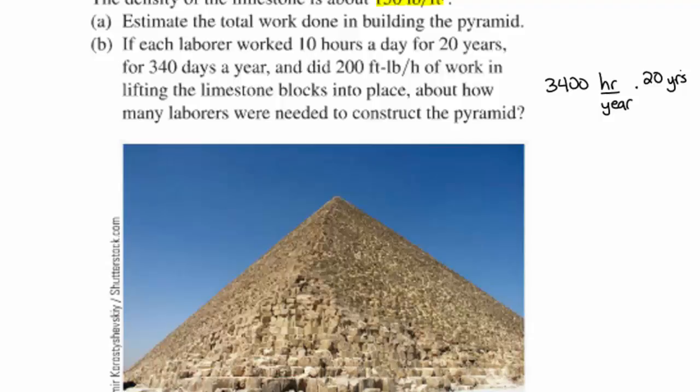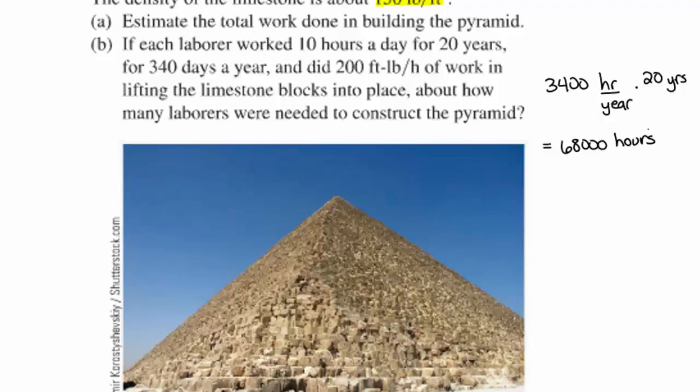So this is how many hours total that a person would work. That's 68,000. So that's 68,000 hours total that a single person would work.